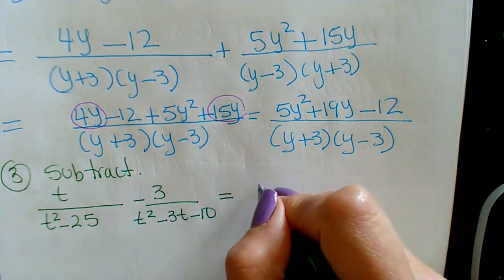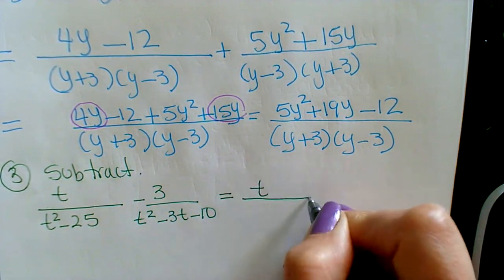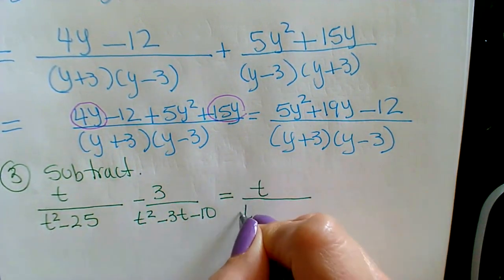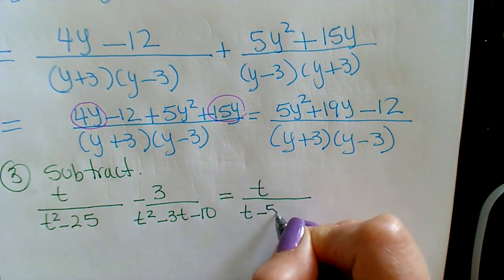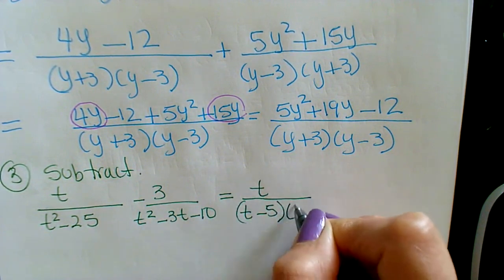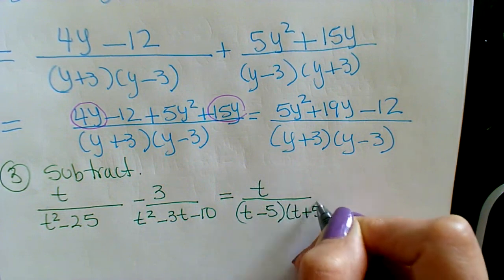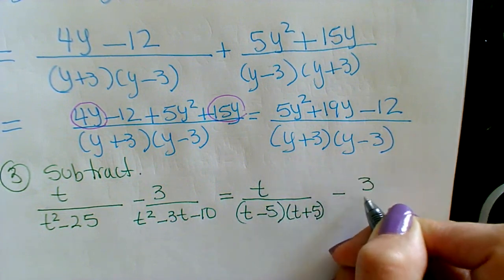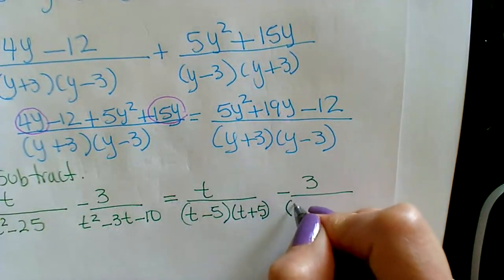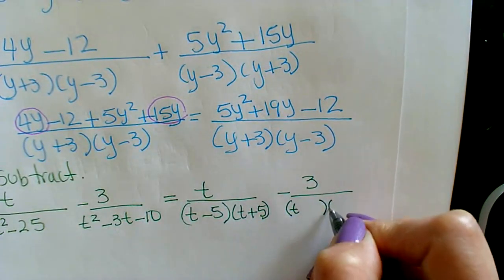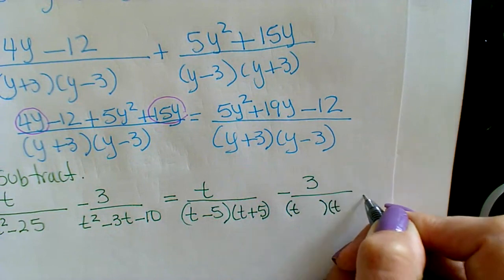So what do I do first? This is the difference of two squares, right? t minus 5 and t plus 5. And this one is going to be two numbers. When I multiply, I get negative 10.